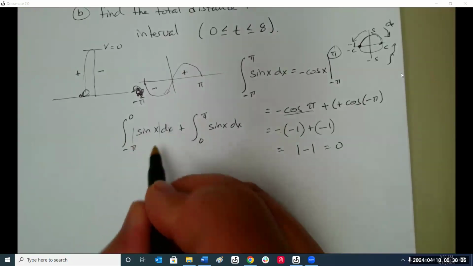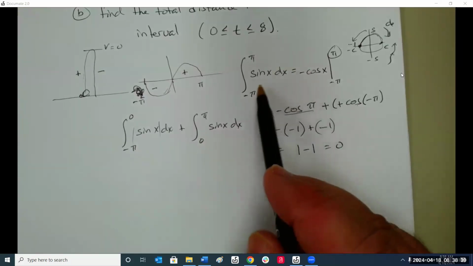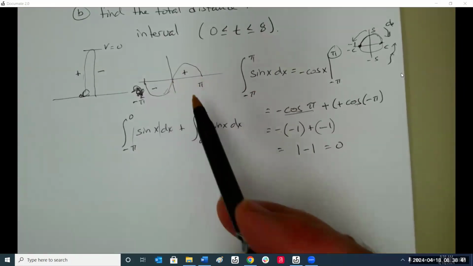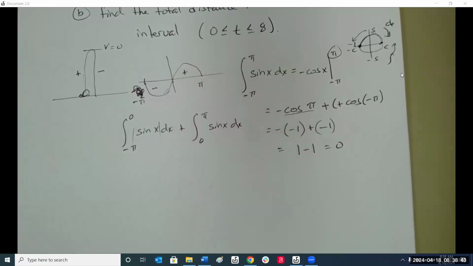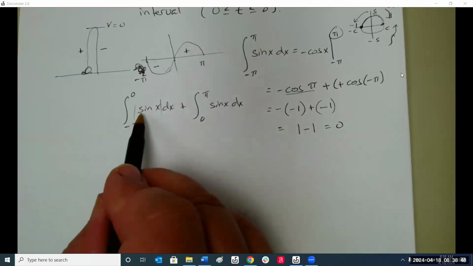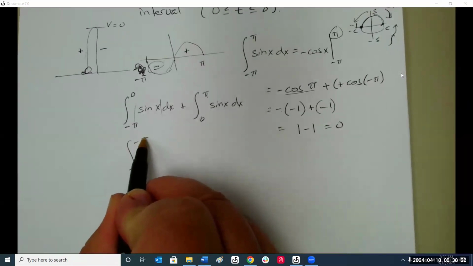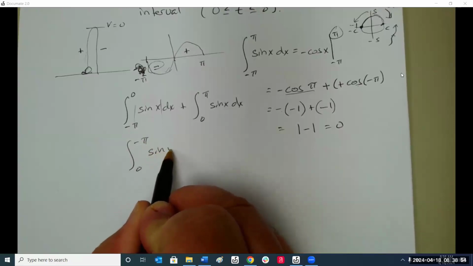Yeah, we could take the absolute value of them. Or because we know it equals 0, we could take only one half of it from 0 to pi and double the answer. Or we can use the properties. Since we know this one's going to be negative, I can switch the bounds of integration.